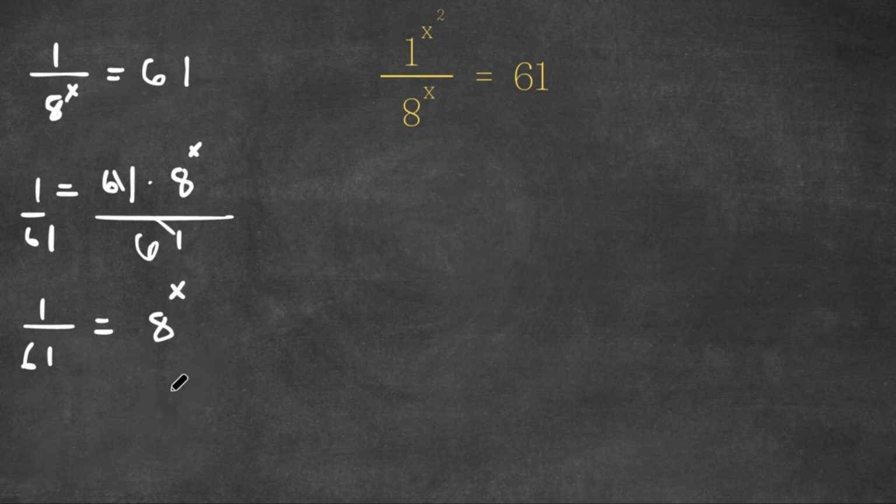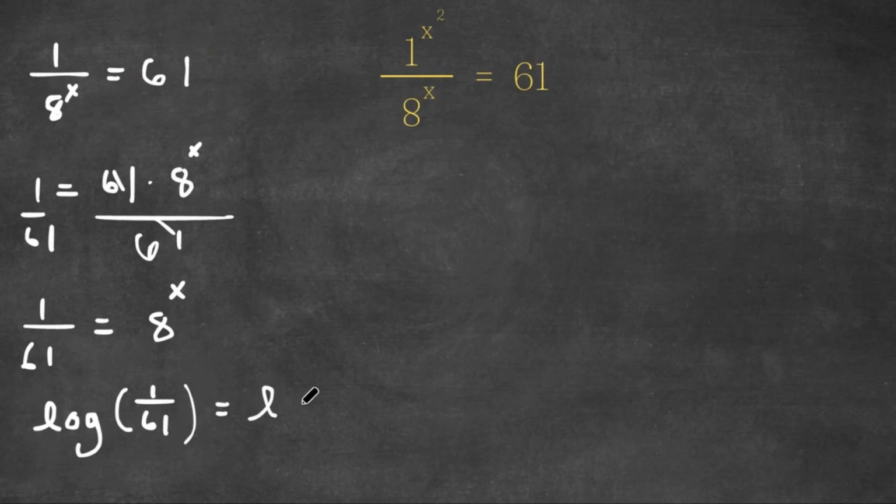Now, what I'm going to do is take the log of both sides. So now we have log of 1 over 61 is equal to 8 to the power of x.